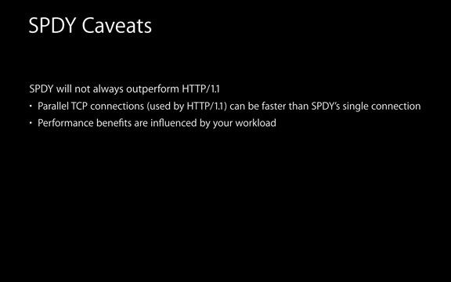In general, our guidance is that if you are going to issue many requests, particularly requests for small objects, you're going to see a performance gain with SPDY. But if you're writing an app that's downloading a handful of files, perhaps also large files, such as a movie, SPDY is not going to be advantageous for you. Keep in mind that you control whether or not SPDY is going to be used based on whether or not it's turned on in your server.